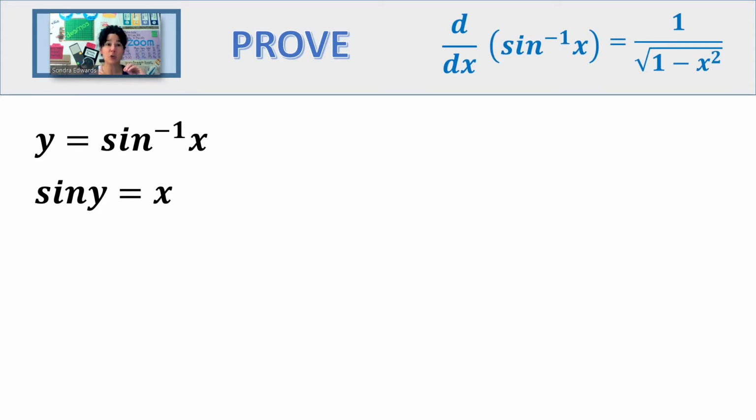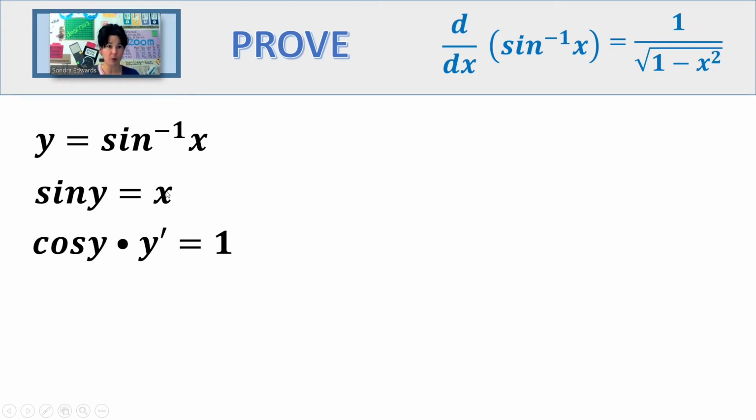If you were going to find the derivative of plain sine x, the answer would be cosine x. But because we want to find the derivative of sine y, it will be cosine y chain on the derivative of y. So y prime. So I've taken the derivative of sine y, gotten cosine y times y prime.